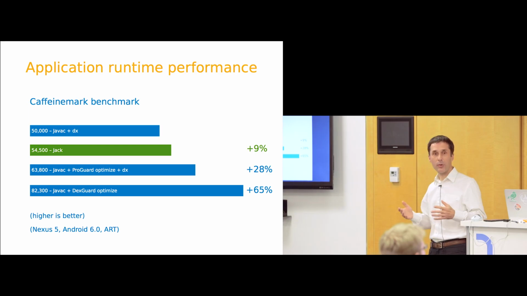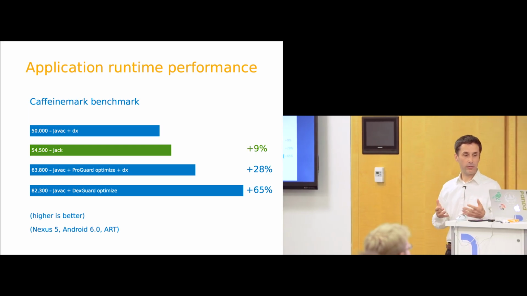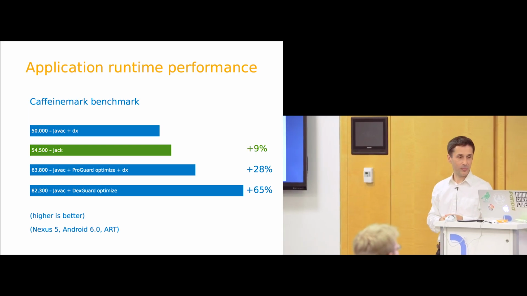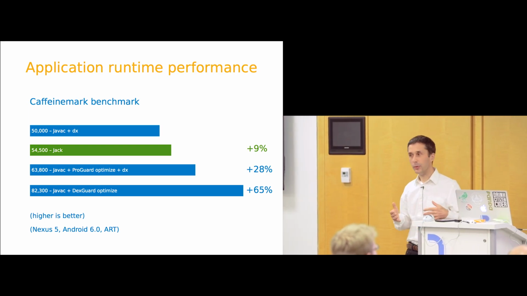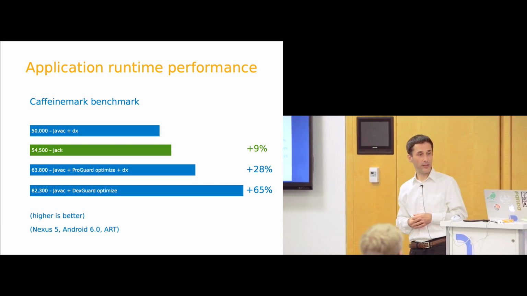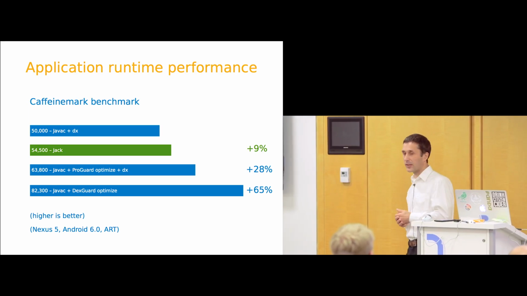The Jack compiler, by default, without any changes, already provides a small improvement, something like almost 10%. But then if you apply ProGuard with a traditional tool chain, you still get an improvement that's significantly better in this case. And if you apply DexGuard, it's still faster.